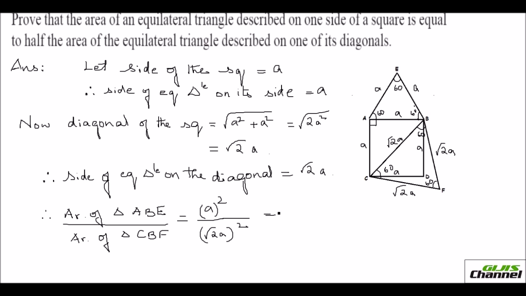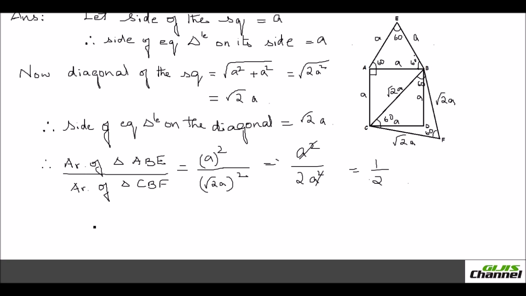That is equal to a square over, when you square the root 2 it becomes 2, and when you square the a square it is a square. So just cut the a square and a square, you get it is half. Okay. So the ratio is 1:2.